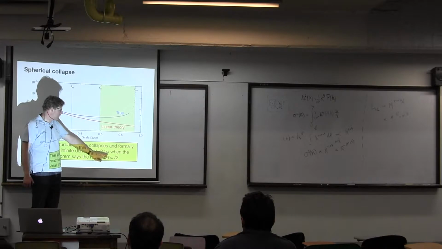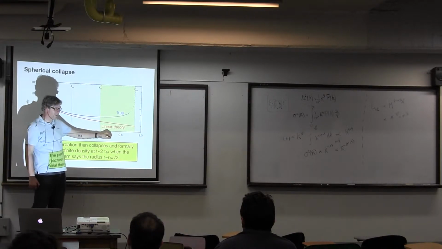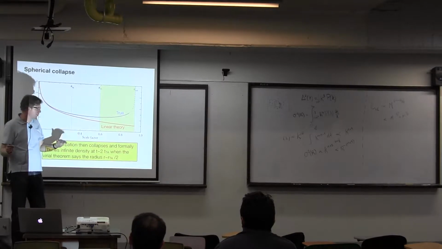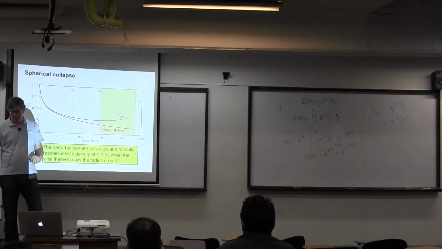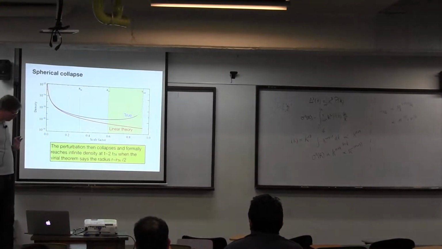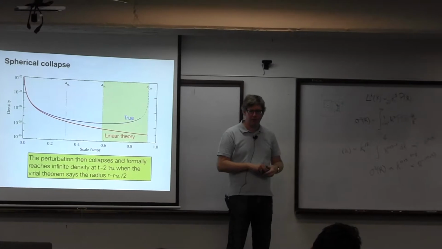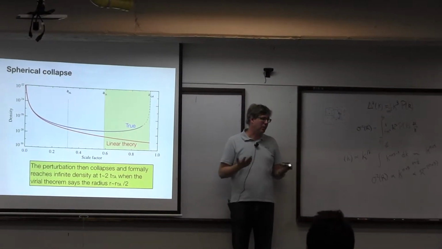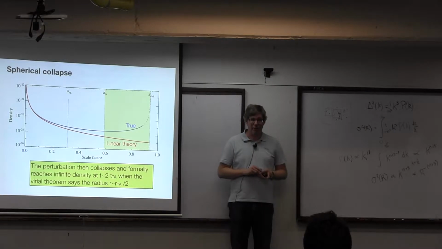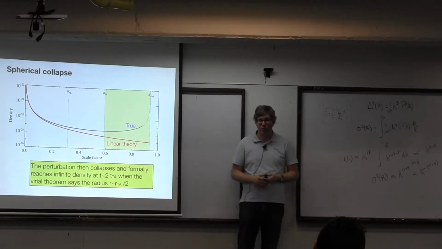And the radius in that case, if you don't let it be a point particle, should be half the radius it was at turnaround. And we typically refer to this time, where the equations predict infinite density, as the time of virialization. So we say that's when the structure actually forms, the real formation of an object.